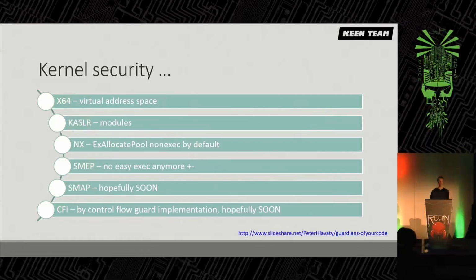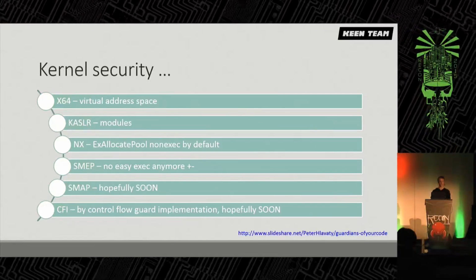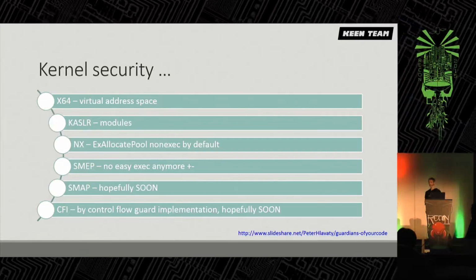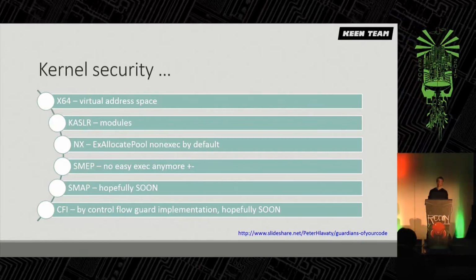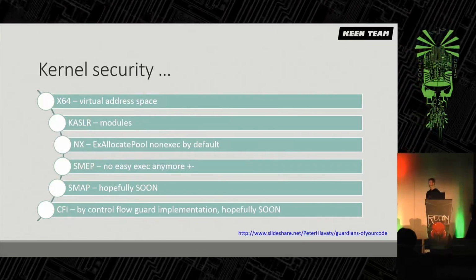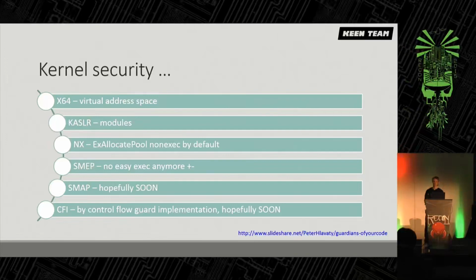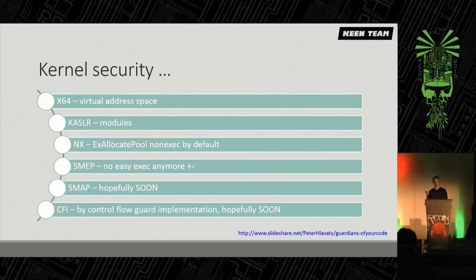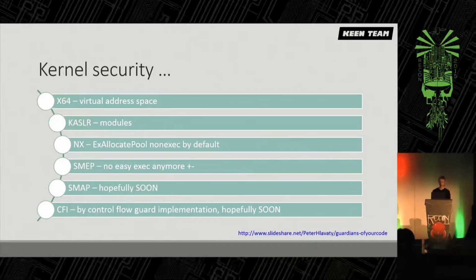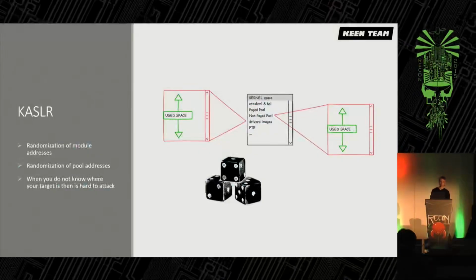You also have supervisor mode access and execute prevention. Supervisor mode access prevention is not implemented yet, but hopefully will be soon. When we play with this exploitation, we also take into consideration control flow integrity, in fact Control Flow Guard.